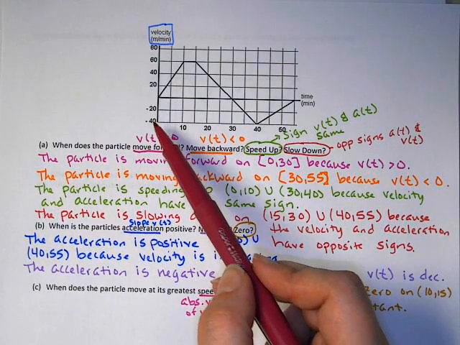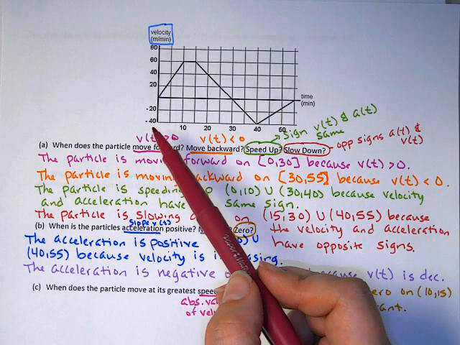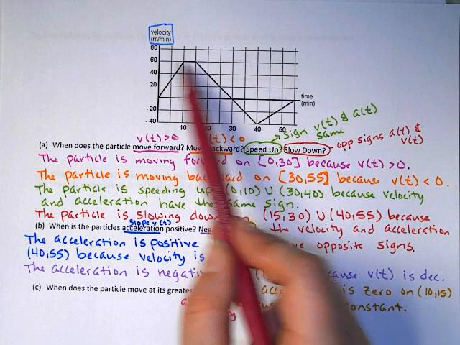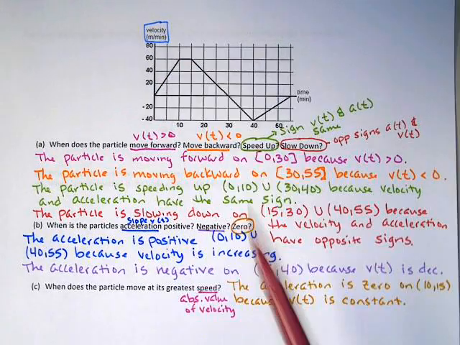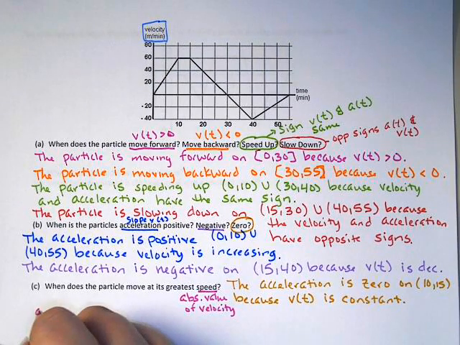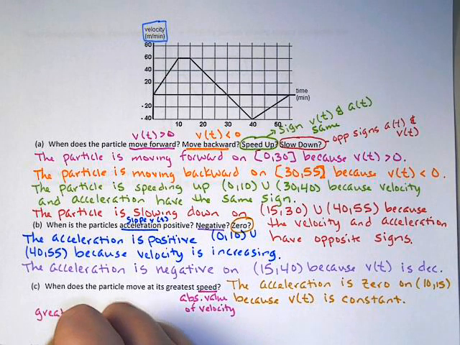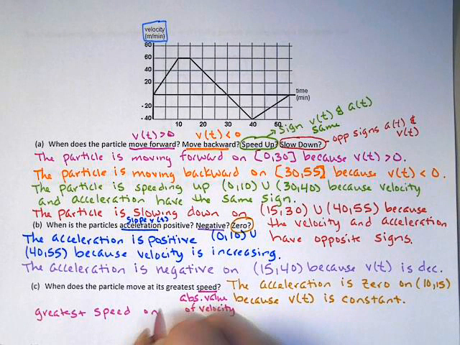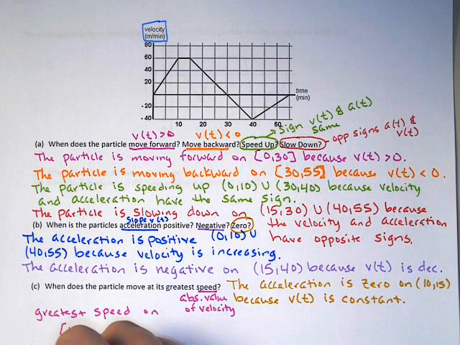Well, this only goes down to negative 40 anyway, so it doesn't really matter. We can see clearly that the highest velocity is right here when it hits 60. So the particle moves at its greatest speed on the interval from 10 to 15.